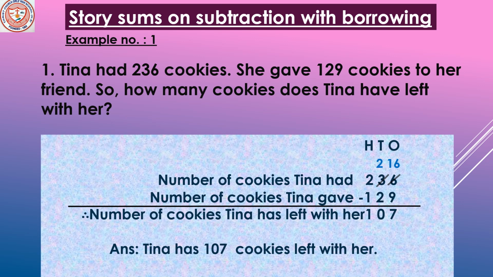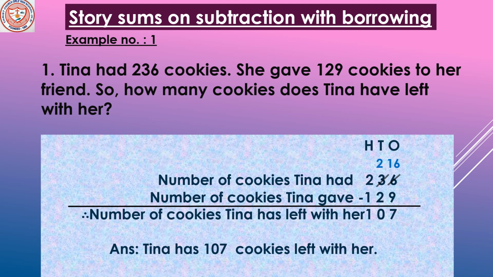Here in the tens column there are 3 tens. So borrow 1 ten from 3 tens. And after borrowing 1 ten, we have 2 tens left. And 6 ones become 16 ones, because 1 ten is equal to 10 ones and 10 ones plus 6 ones is equal to 16 ones.